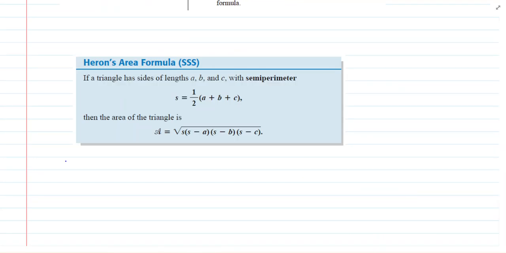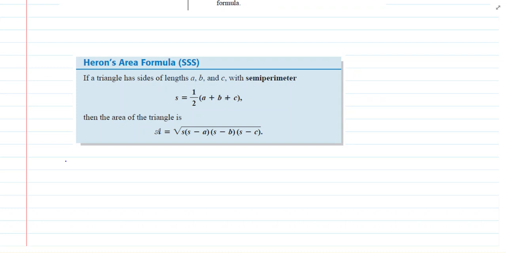There is one more formula that we're going to need to work our problems, and I omitted giving that to you. Heron's area formula. So if you're given three sides of a triangle, you can find the area of that triangle. We're used to doing area with 1/2 base times height, and we don't have any of that in some of these. So we need to first get a semi-perimeter.